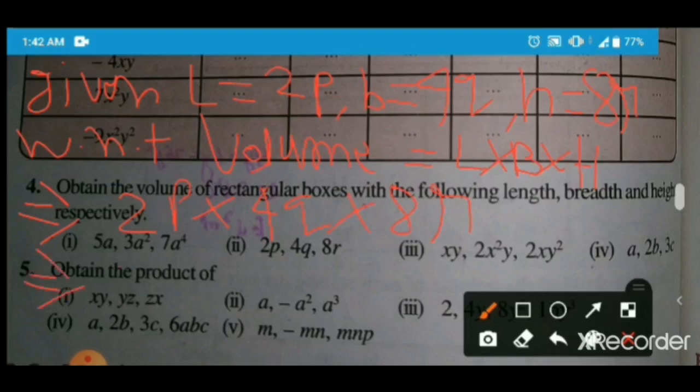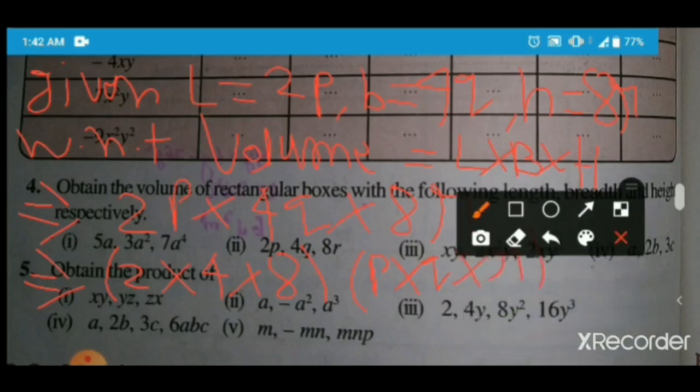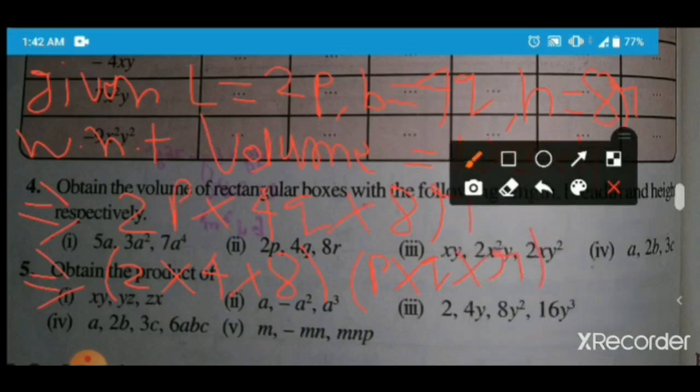In our next step we can write 2 multiplied by 4 multiplied by 8 in first bracket, and in the second bracket it is p multiplied by q multiplied by r. Now in our next step we can write 8 times 4 is 32, 2 times 32 is 64.